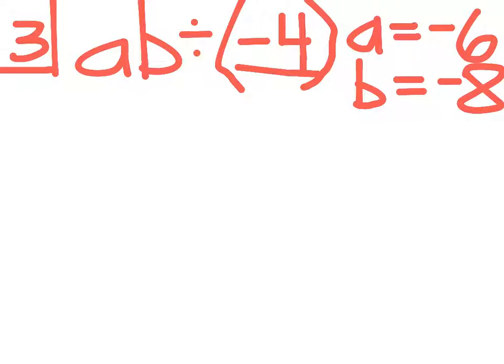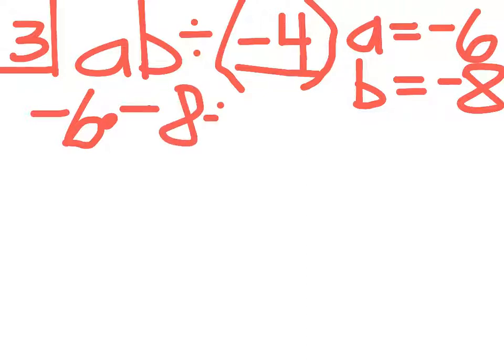But AB, that's A times B. So we're going to plug that in first. That would be negative 6 times negative 8. And then we're dividing by negative 4. Again, we're going to do this step by step. There are no parentheses. There are no exponents. So there's multiply, divide. We do the first multiplication or division we see, which is this right here.